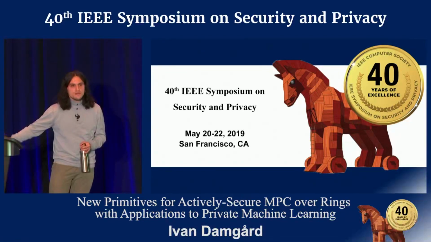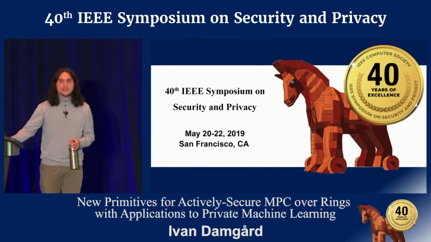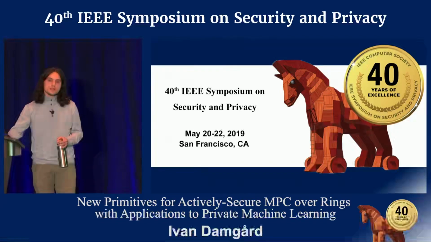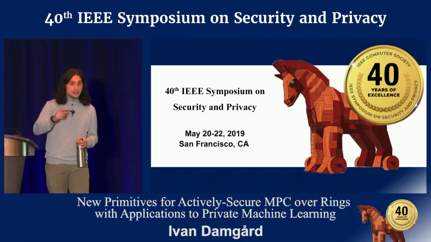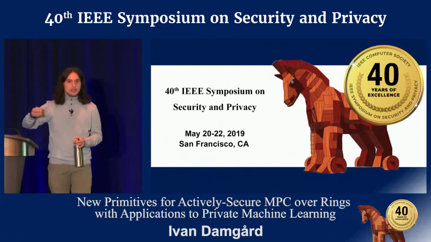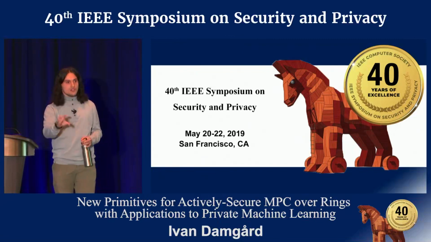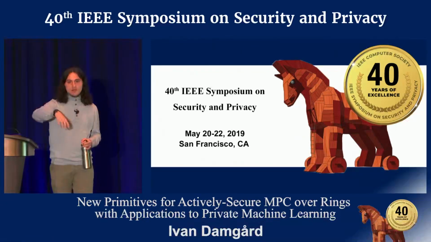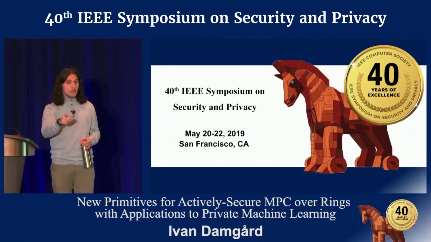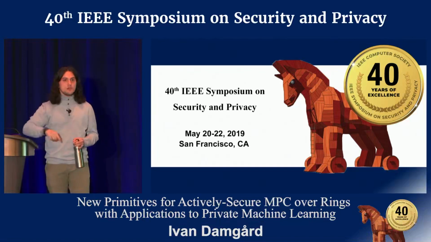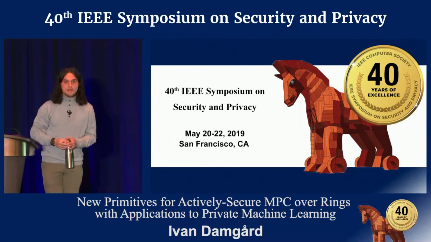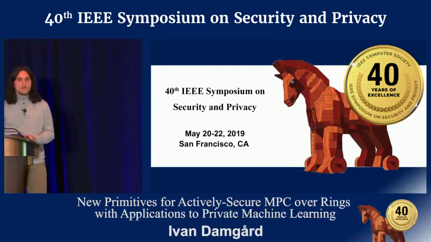So how do you do the modding out by 2 to the k? Right, okay. Our sharing scheme works in such a way that it has this very nice property that when the share is locally reduced, the effect is reducing the actual share. So if you want to take the modulo of the share by something, as long as it's a power of 2, then you can do it just by reducing locally. Okay, thanks. Okay, perfect. Let's thank the speaker.